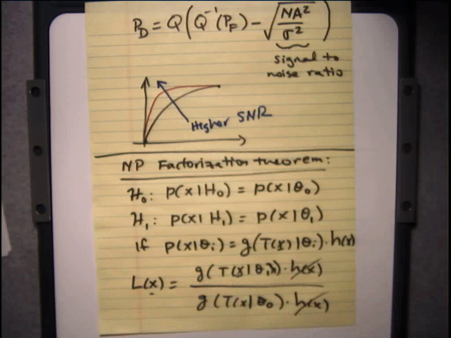When this is happening, this t of x is precisely what I showed you earlier as the sufficient statistic. So what I'm writing here is a kind of more abstract form of what you saw earlier, which was when things cancel out. Okay? When the likelihood ratio can be simplified so that the whole thing can be written as another function t of x in simpler form, that t of x is called the sufficient statistic.